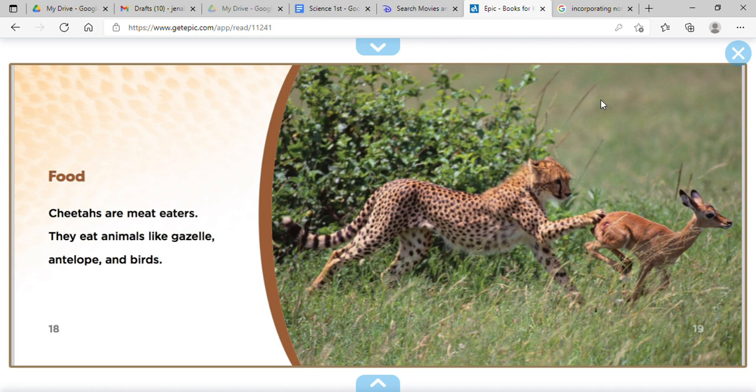You see the commas? Gazelle, comma, antelope, comma, and birds. Can I do the comma? Go ahead, baby.